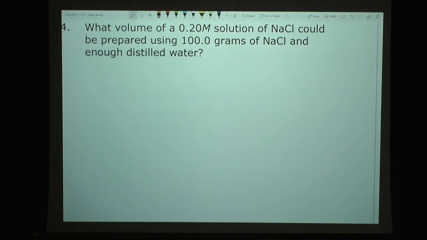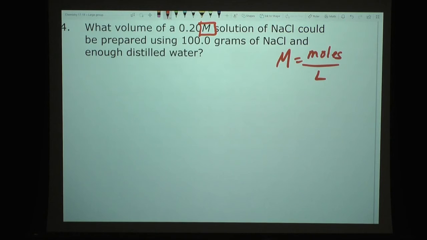And I don't think we give ourselves enough credit for what this little letter right here actually means. That capital M means moles per liter. It's your conversion factor, so to speak.